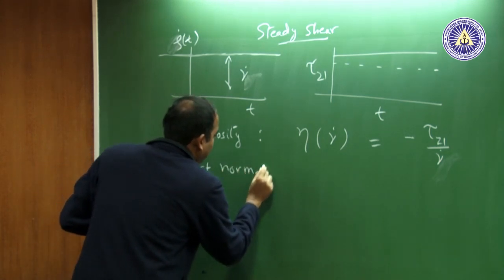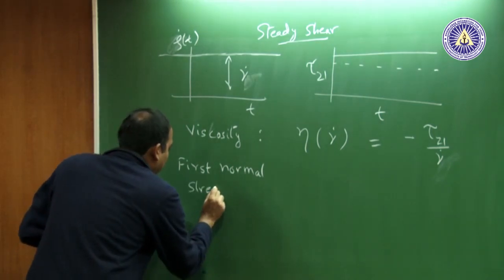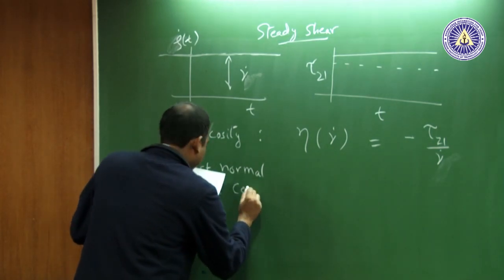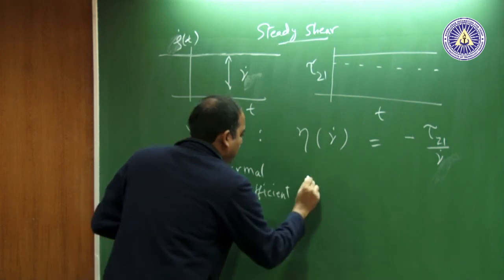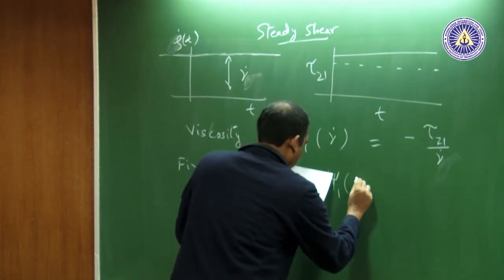Then we have the normal stress coefficients, just as I mentioned a little bit ago. We cannot take the stress values themselves, but we have to take differences in stress. So, there is a first normal stress coefficient, which is denoted as psi 1 of gamma dot.